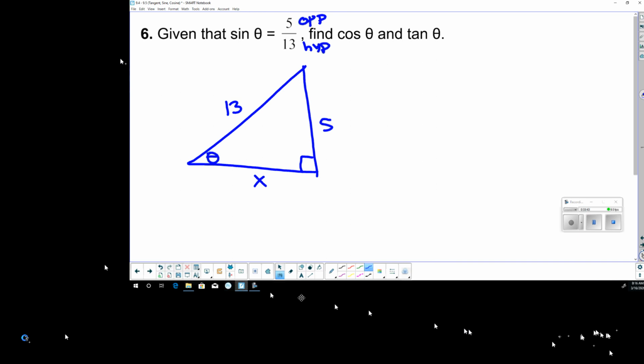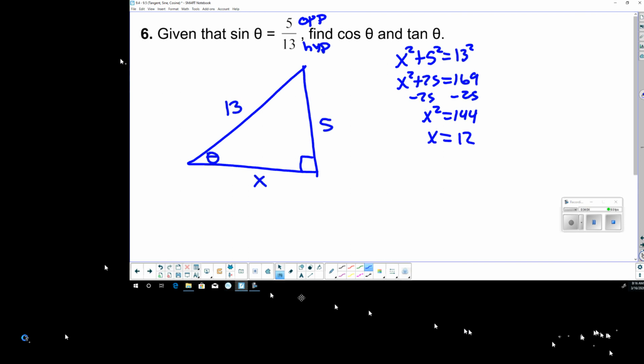So just use Pythagorean theorem. We got x squared plus 5 squared equals 13 squared. So x squared plus 25 equals 169, minus 25 over, x squared equals 144. Take the square root. X equals 12. So we're going to put a 12 here.